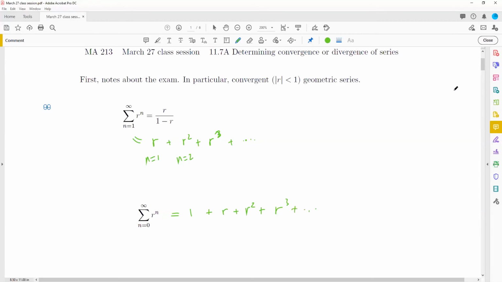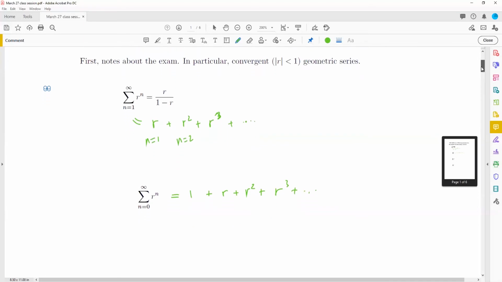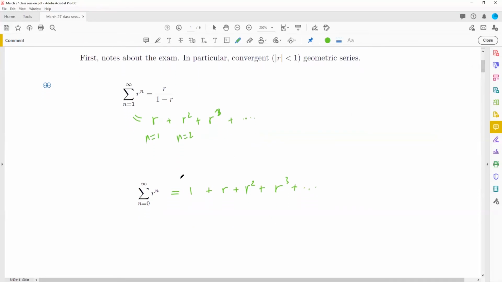Okay, so you have to be careful about using the formula. I'm just pointing that out, because it depends on where it starts from. You can see that this series is going to be different than this one, because this has an extra 1 that this doesn't have. In this case, all this is just going to be r over 1 minus r.